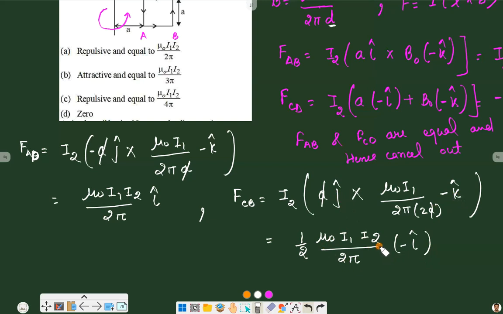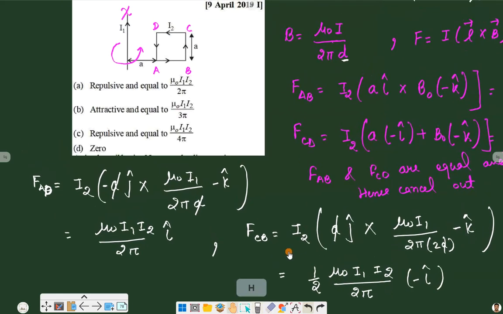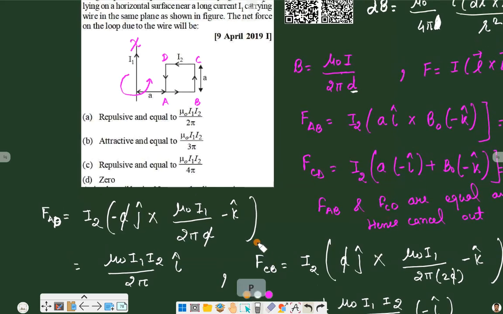So as a whole, force on AD is in positive I direction. So force on AD is in this direction here, and force on CB is in the negative I direction.